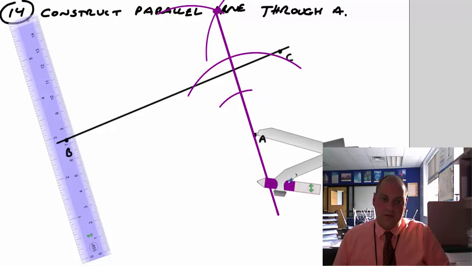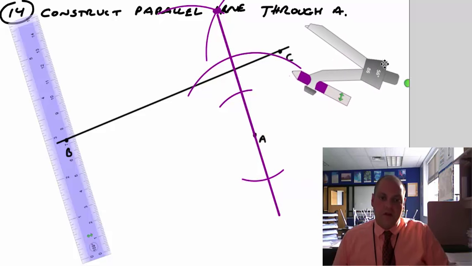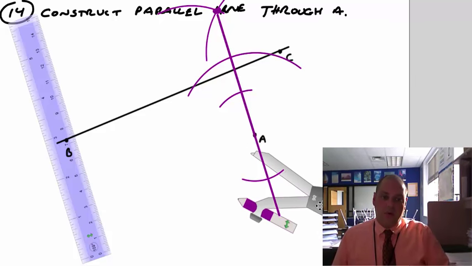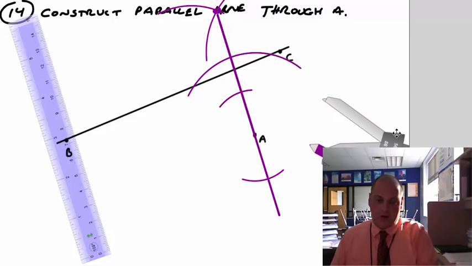Flip it around and mark, oh, what are we doing here? Right there. Okay, so you got your arcs on either side of A, and then from those points we just made, I'm going to mark those for you. One right here, one right here.